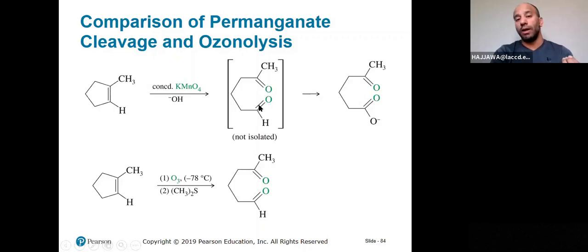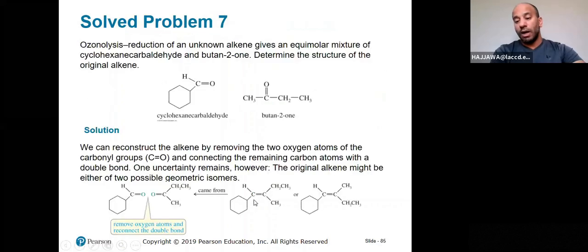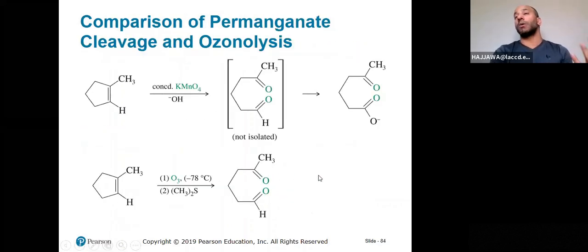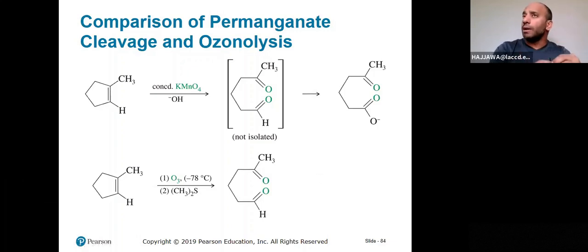We could see clearly that if that aldehyde is in concentrated KMnO4 conditions, it's going to be taken further to the carboxylic acid. But under ozonolysis conditions, it's going to stay as the aldehyde, along with the top carbon being the carbonyl of a ketone. That's the difference between concentrated warm KMnO4 and ozonolysis conditions.